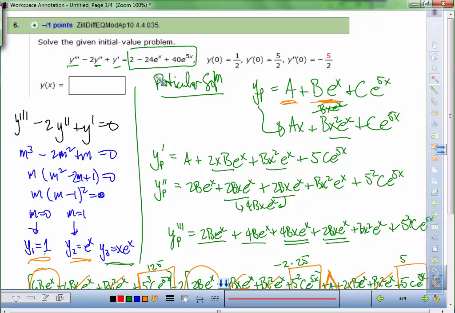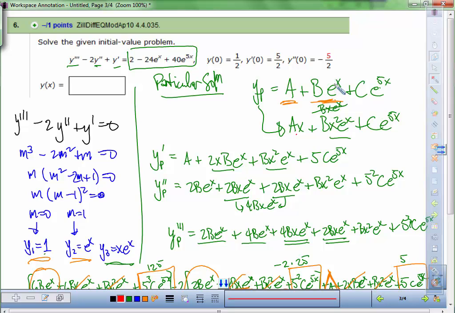So we got a constant here, and that matches with our y1 constant. We have e to the x here that matches with our e to the x constant. And so when we try just throwing in an extra factor of x, that fixes our constant term a to a times x.